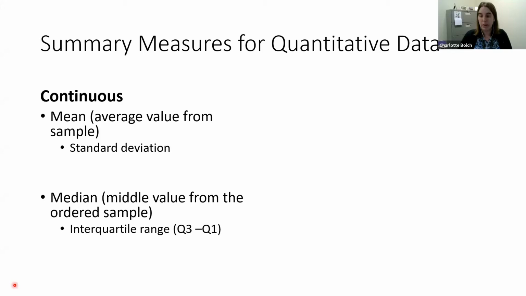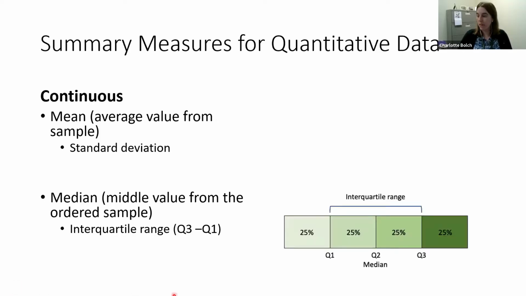For the median, however, we usually report the interquartile range. Each set of continuous values can be broken down into 4 quarters. The median breaks the data into 2 halves, and then quartile 1 separates the lower 25% of the data, and quartile 3 separates the lower 75% of the data.